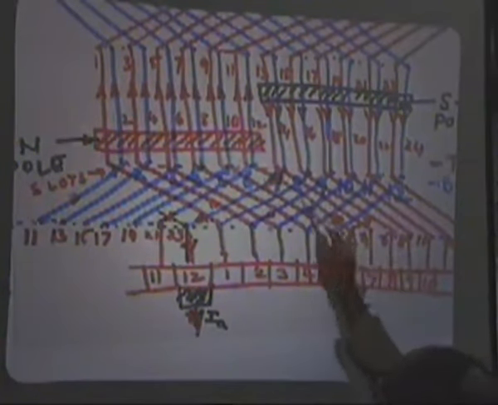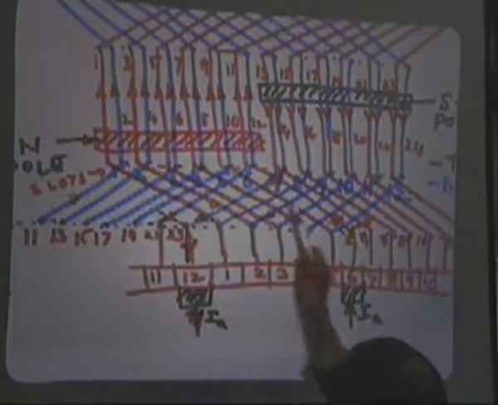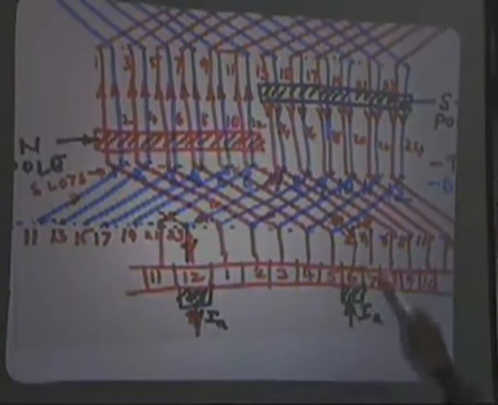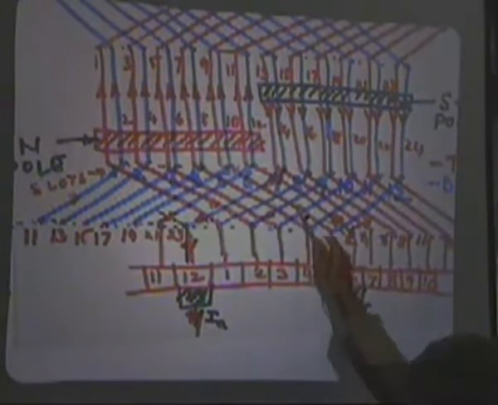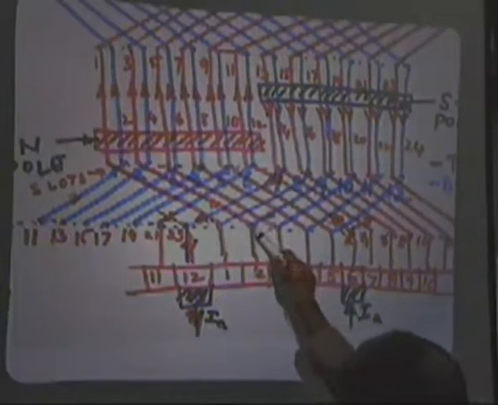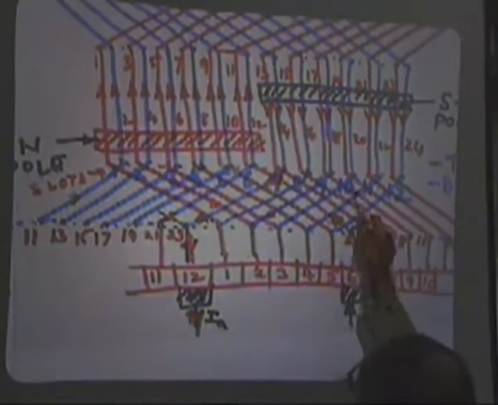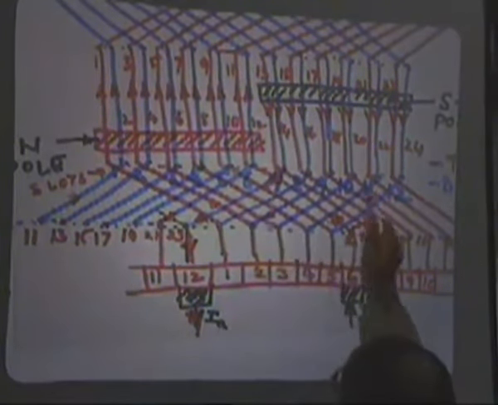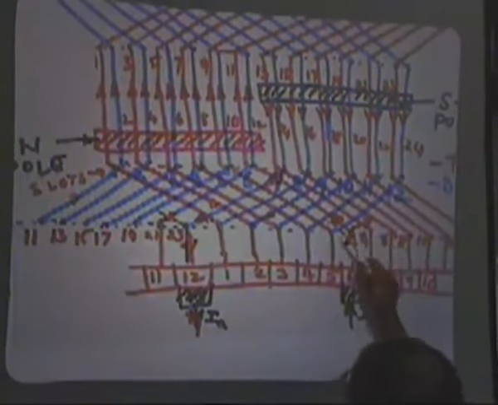So, it is going into slot 10 and this is going into slot 4, like this, slot 2, and in all others the current comes in and goes like this.